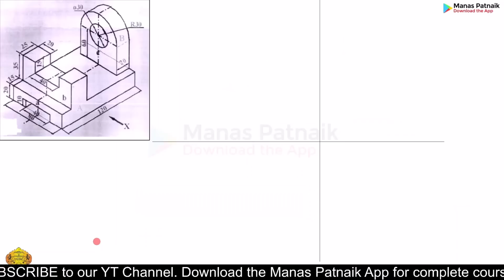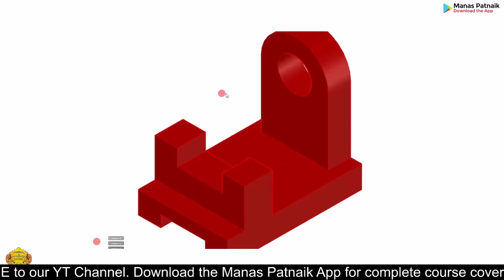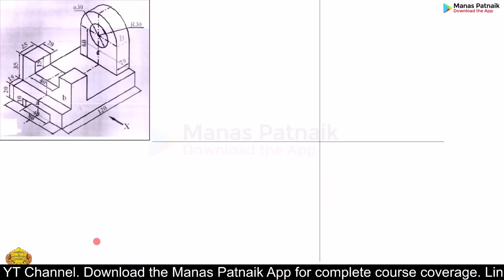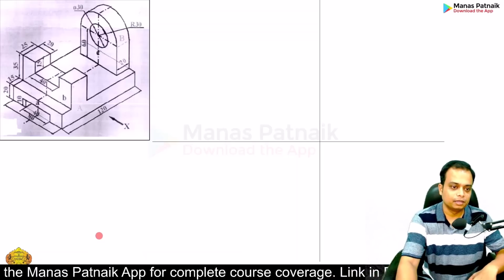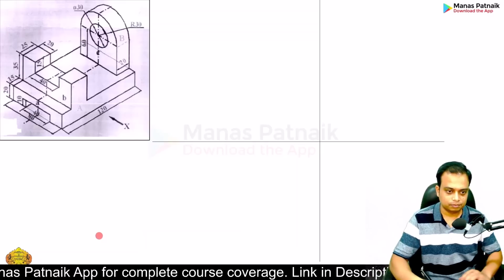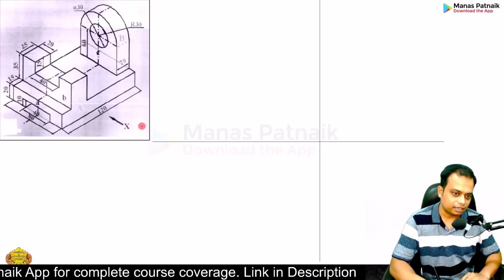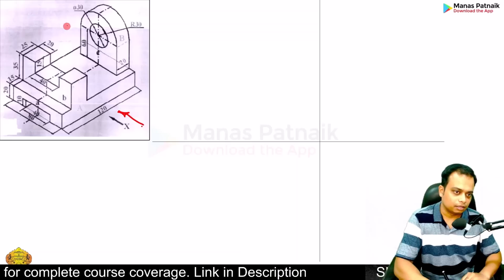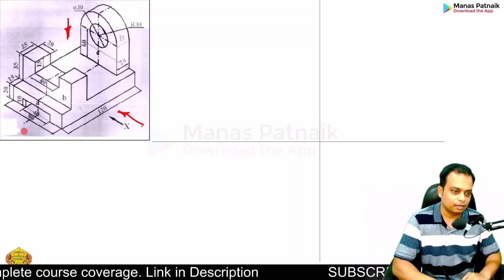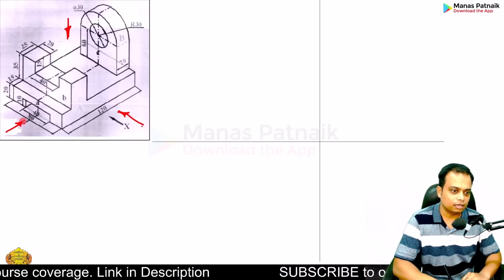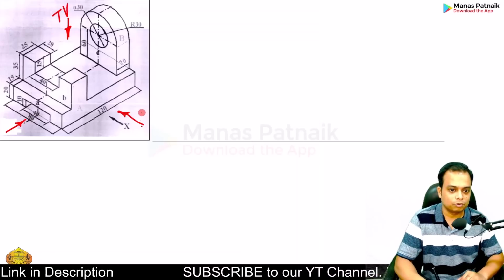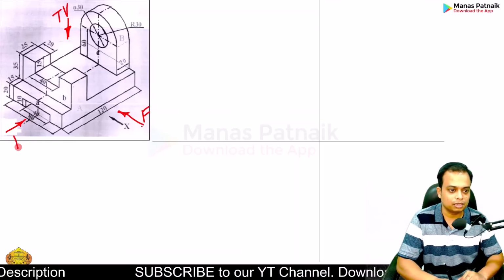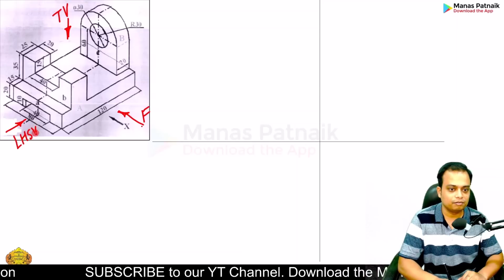Here we go. Let's start the problem. The first thing is you basically need to work out how much the length, maximum width, and maximum height is going to be. So if you watch, this is x direction is for the front, this is for the left hand side view, and this is for the top view, this is for the front view, this is for the left hand side view.